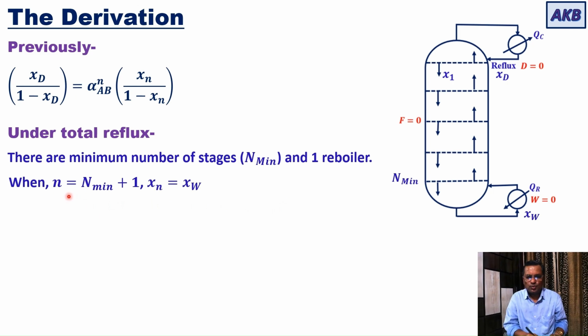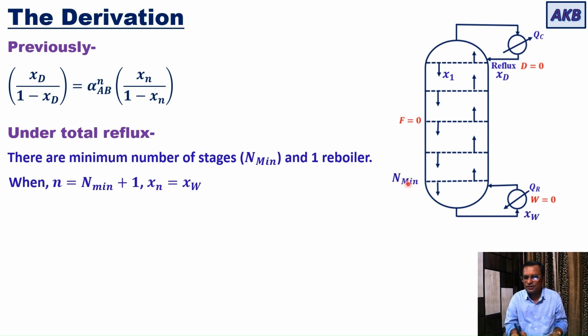So if you follow this equation, if n is equal to n minimum plus 1, that means you are traveling throughout the column, reaching the n minimum stage, and then coming out of the column, going to the reboiler, and in the reboiler the composition of the liquid is xw. That means when n is equal to n minimum plus 1, then xn is xw.